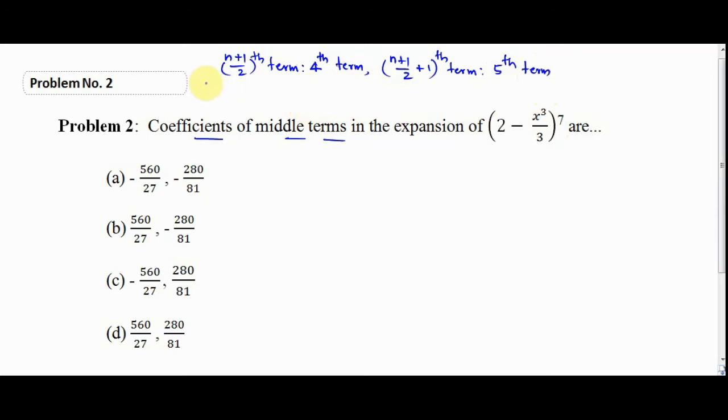Now we know how to calculate the rth term in the expansion (a minus b) whole raised to n. This is in the form (a minus b) whole raised to n.